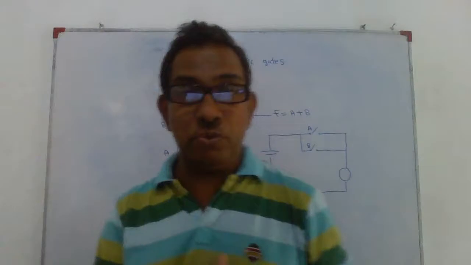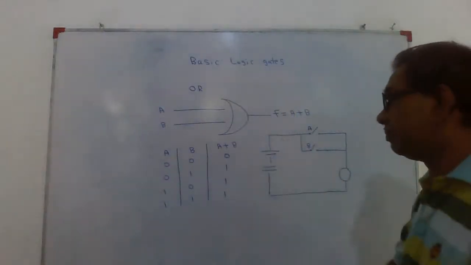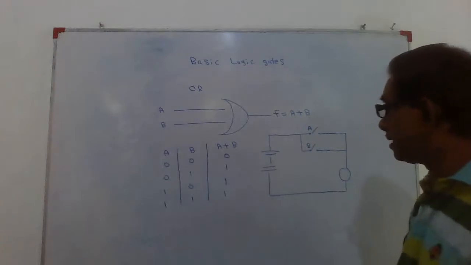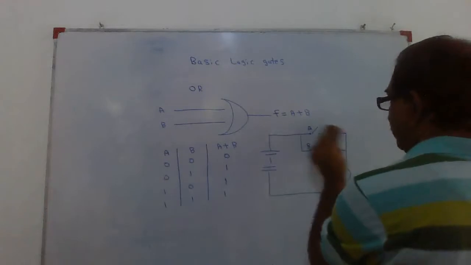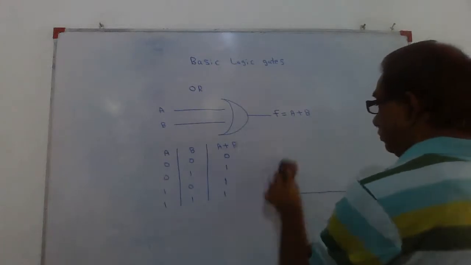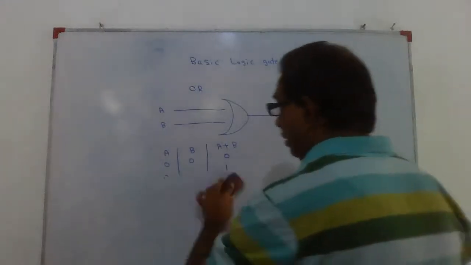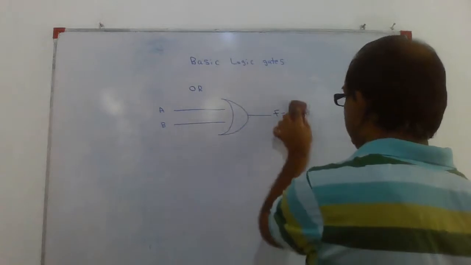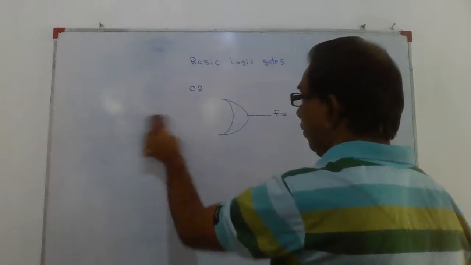Now what you can do, you can think about 3 input or even 4 input. You can think about this type of things. I would like to show you something. Suppose we have a 4 variable OR gate.